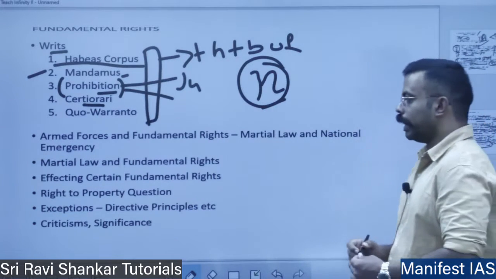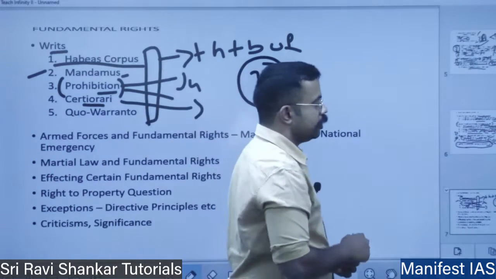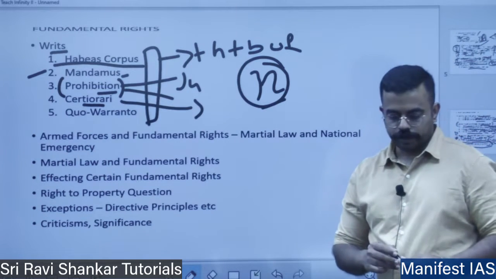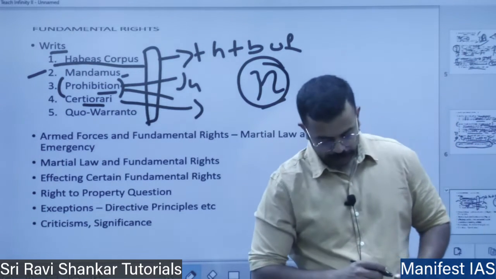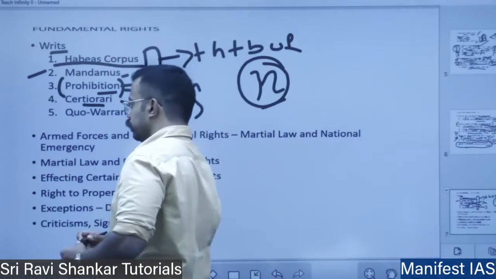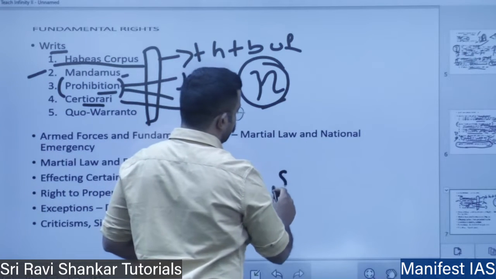So, it is always issued by a higher court to a lower court. That is, the Supreme Court issues it to the High Court, and the High Court issues it to a lower court. So, why is this writ issued? Suppose a case is pending in a subordinate court.